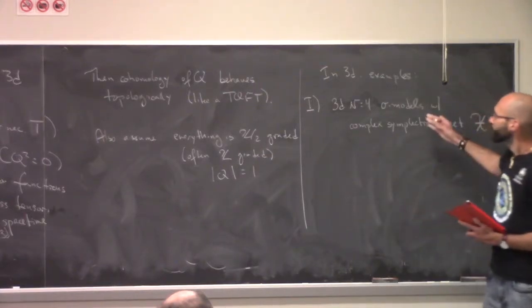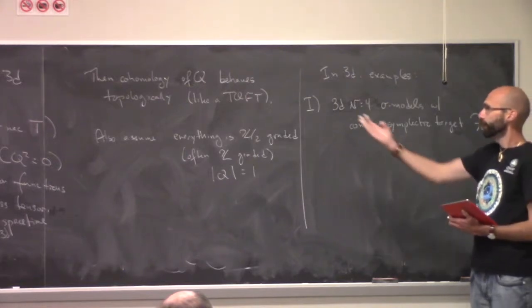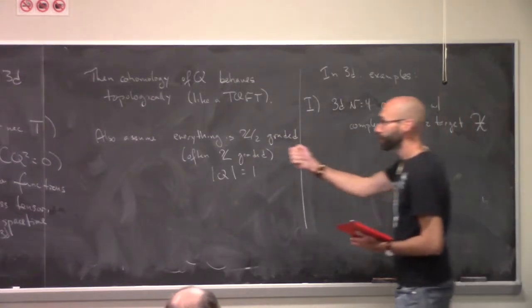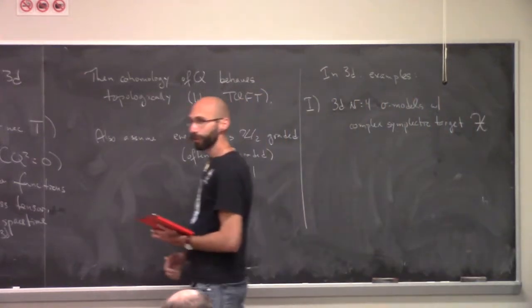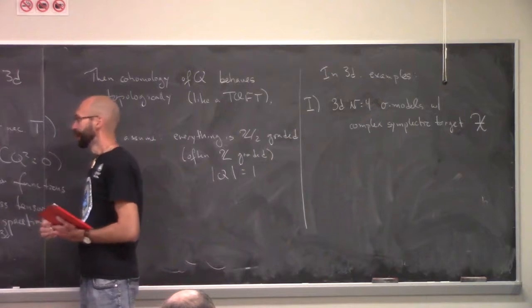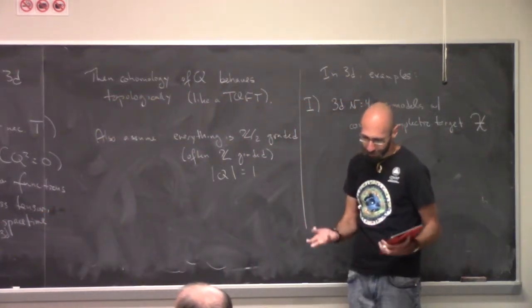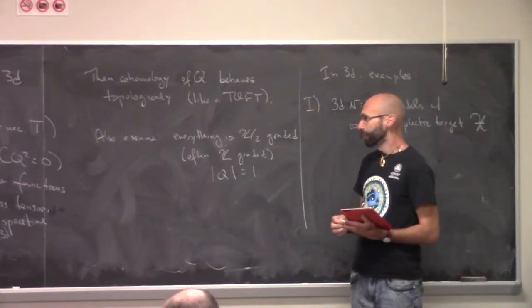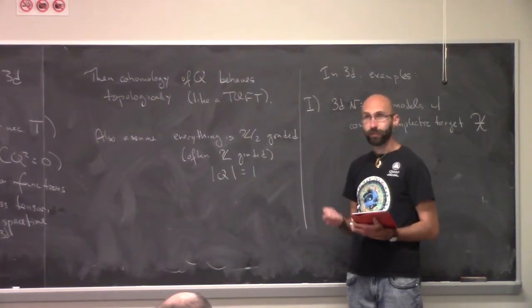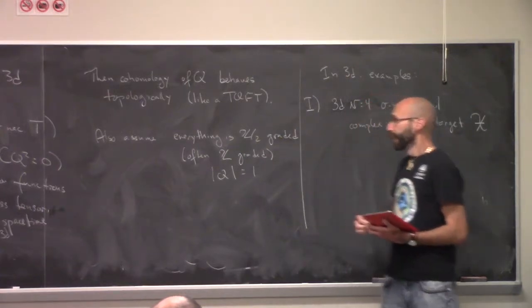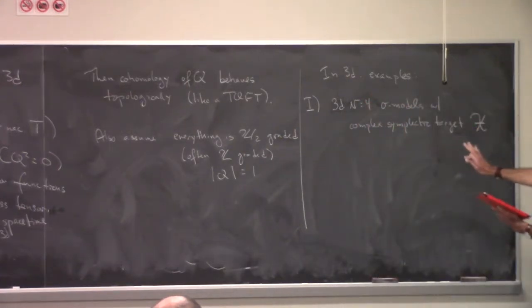There are two ways to turn these into TQFTs. Very explicitly, there are two different differentials that one can take cohomology with respect to. This is, again, just like the situation in two-dimensional theories. There are A models and B models. If you have a Kähler manifold, you can define both an A model and a B model. And this same thing happens here.